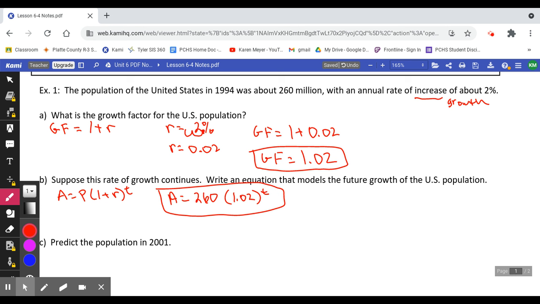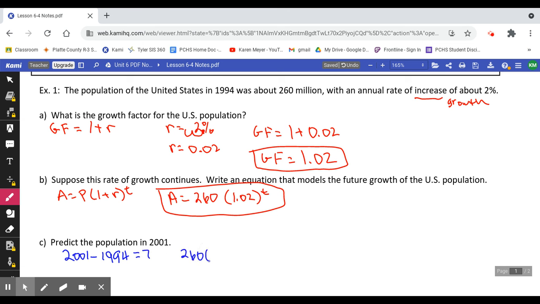Now, part C says use your equation to predict the population in 2001. Well, we got to figure out how much time has gone by. Okay, so what year did we know the population? So 2001 is what we wanted. We know the population for 1994. So how many years have gone by between there? And that is 7.